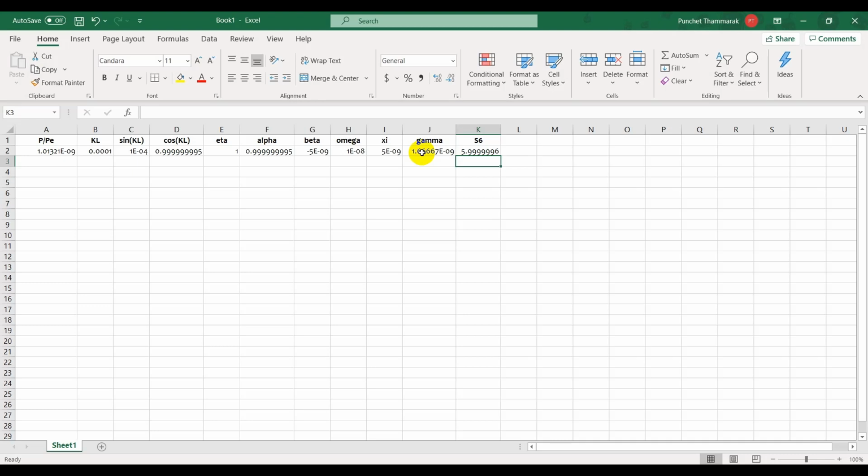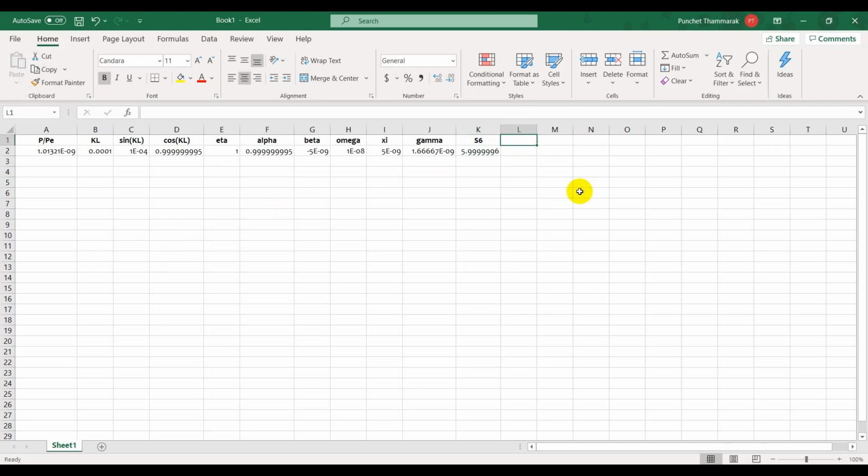It turns out to be 5.99999996, right? Relief. After a long derivation, then we compute this, and then what is this number?